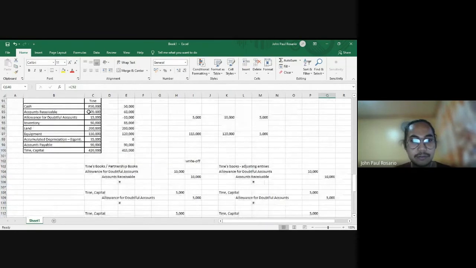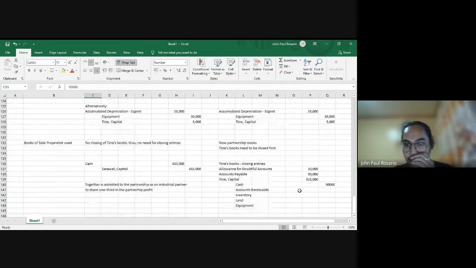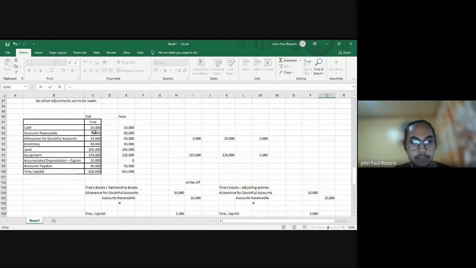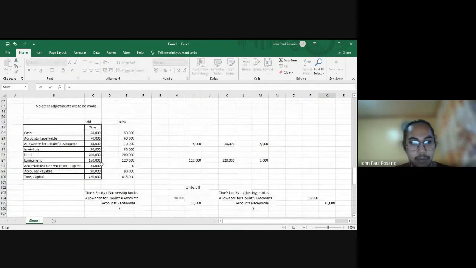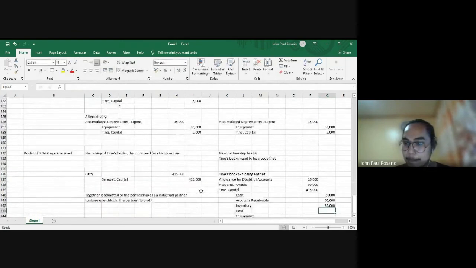Let's just remove the peso sign here. And then for your accounts receivable, that was 70,000, pero nakuhaan siya ng 10,000. Inventory, the amount was 90,000, tas nakuhaan siya ng, how much was that? 5,000.